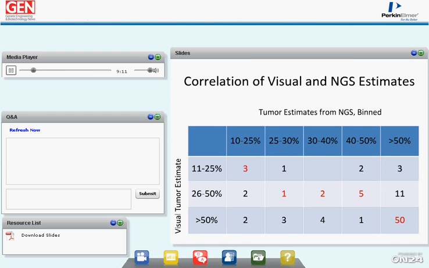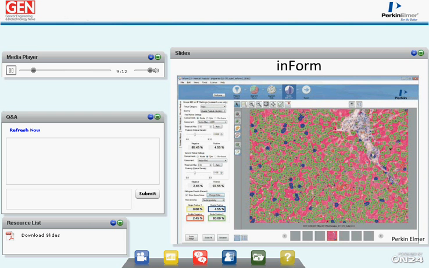The tool we chose to use is a machine learning algorithm that Cliff is going to spend more time talking about from PerkinElmer. This is a tool called Inform, and it relies on the ability of machine learning algorithms to identify tumors within a section compared to the stroma, and then find all the nuclei within those two compartments, and then provide an estimate of how much tumor nuclei are present relative to the stromal nuclei to give you percent tumor.